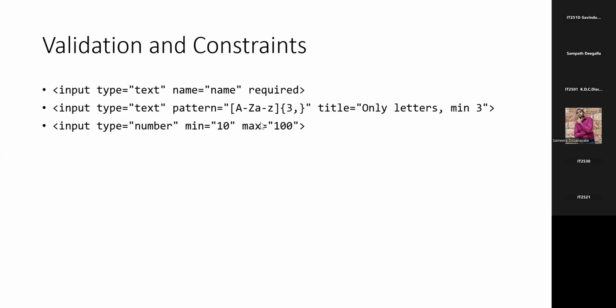That's what it means. The last one we already discussed, the numbers. You can use the range of numbers allowed. In this case, we say 10 to 100. For example, when you ask the user to enter age, you can specify a minimum and maximum value.